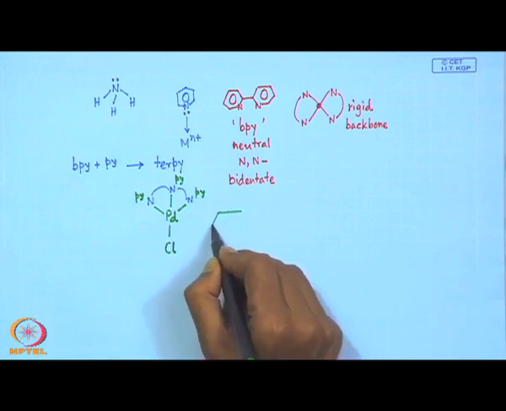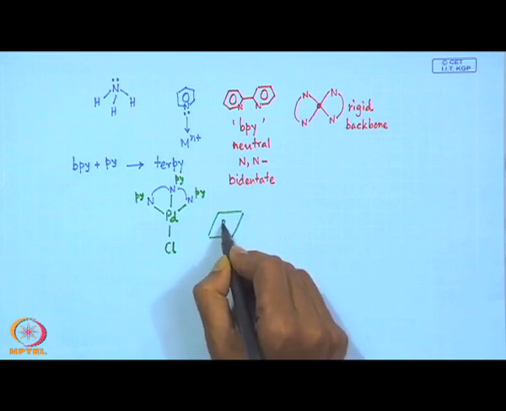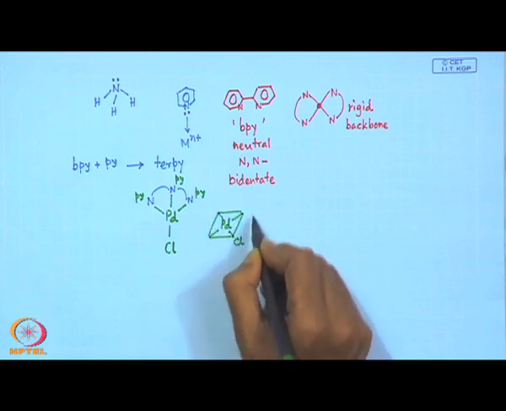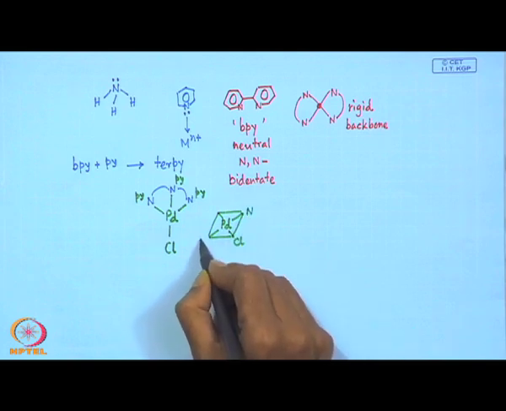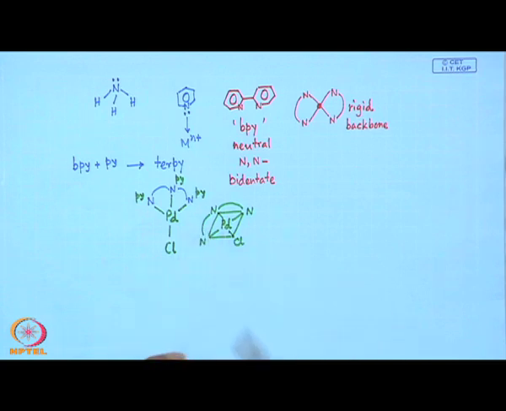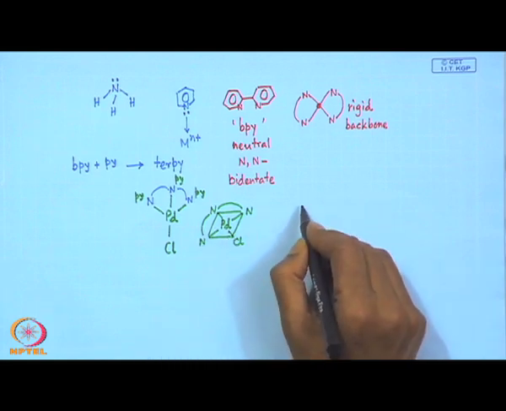Roughly speaking, the corresponding geometry of the compound would be square planar with 3 palladium-nitrogen bonds and 1 palladium-Cl bond. So, we basically enclose the 3 donor points from one side for a square planar compound.